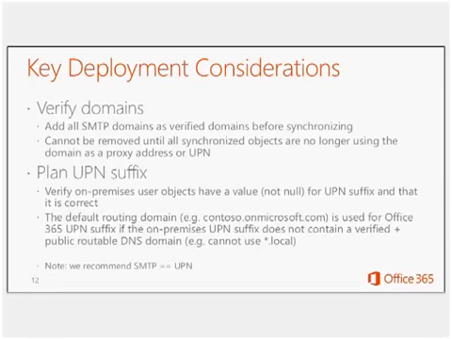So these are stickler things from us to you. You need to really work through these scenarios as you're planning. Plan the UPN suffix, and verify that the user objects on premises have a value and are not null. Default routing domains cannot be *.local.